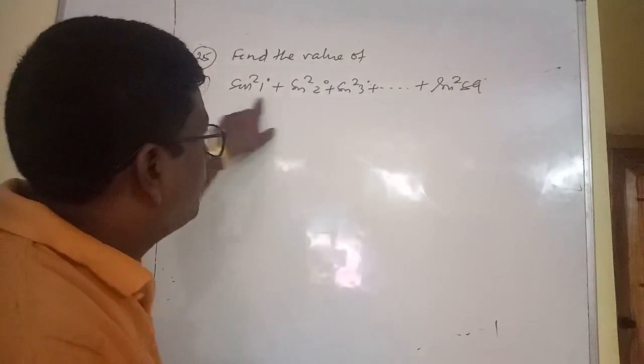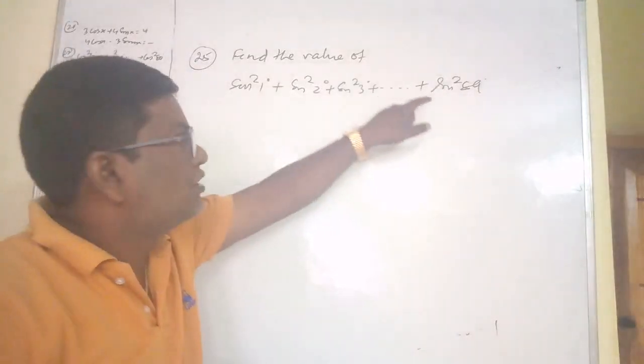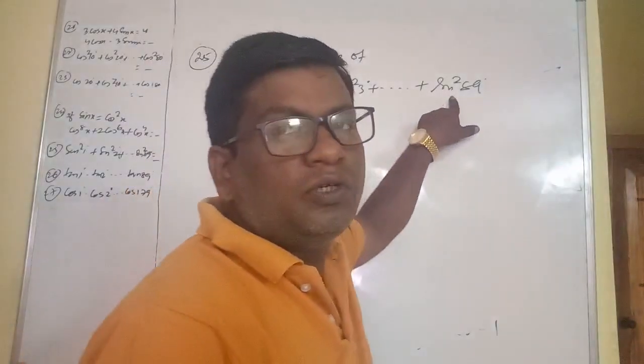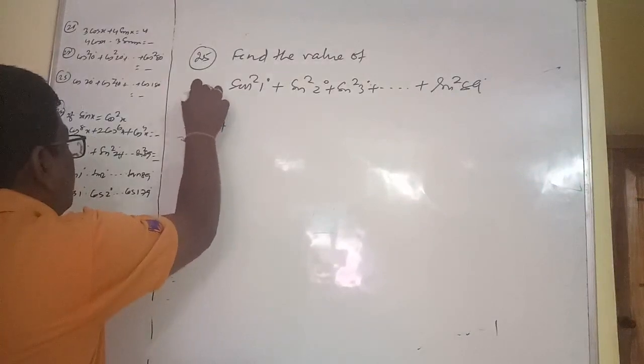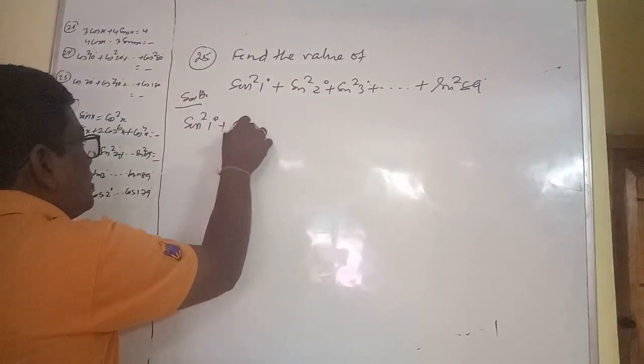Sin square 1 plus sin square 89, because 89 is equal to 90 degree minus 1. So we can write, solution: sin square 1 plus sin square 89.